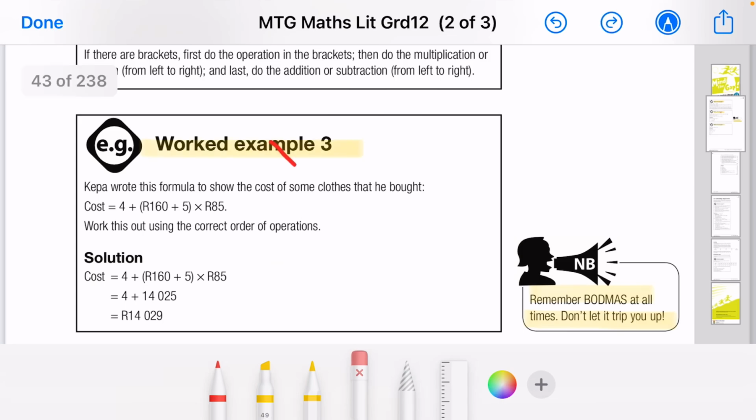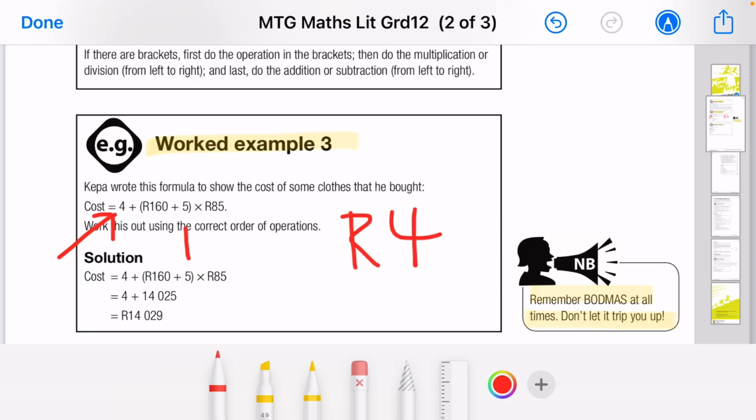ladies and gentlemen, according to myself, guys, let me just highlight that again. According to myself, that 4 was supposed to be in rands. It was supposed to be 4R, and also that 5 was supposed to be 5R.